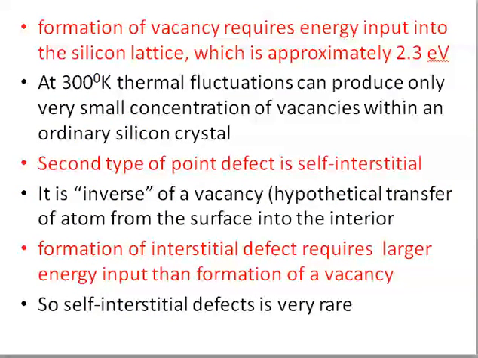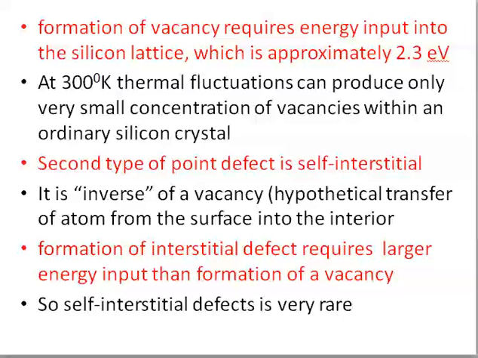Now, to form this vacancy, that is, to remove an atom or molecule from the interior of the semiconductor material and transport it to the surface, it requires energy. We have to input energy into the silicon lattice, and the energy required is approximately 2.3 electron volts.